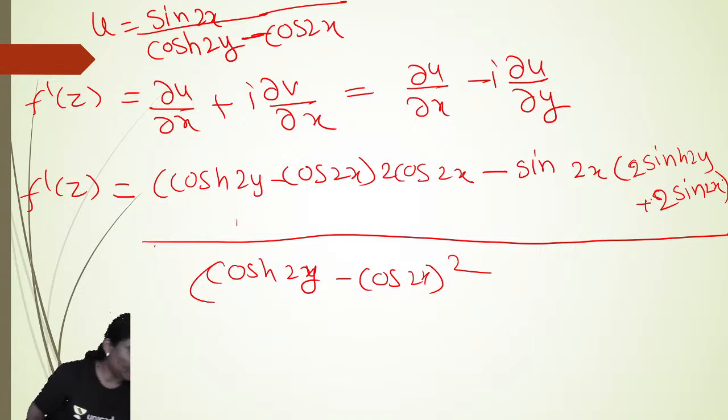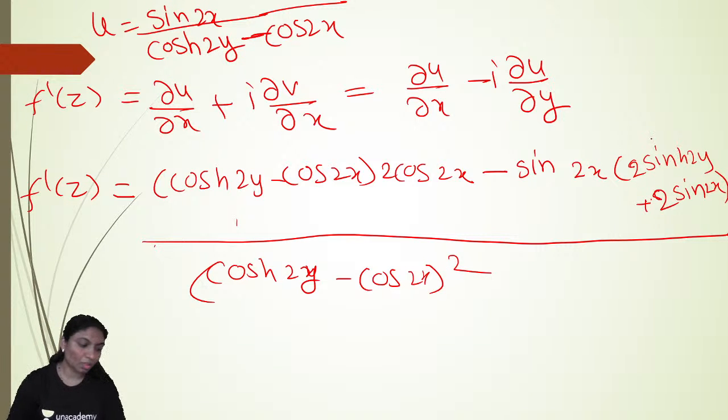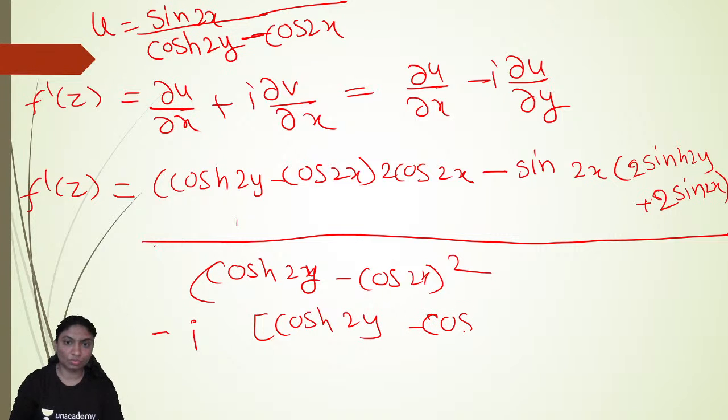v du minus u dv upon v square. So minus i into bracket, directly you can write cos h2y minus cos 2x. That is only cos h2y. Derivative of this is 0 because it is a function of y. Okay. That is cos h2y minus cos 2x upon del u by del y.